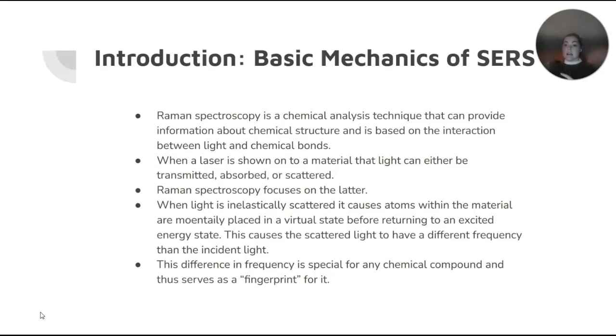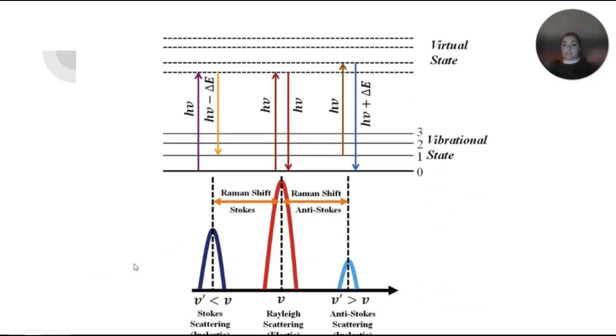And each chemical molecular compound has different Raman shifts, and this serves as a fingerprint, and it is unique for every makeup. So that's the basics. And here's a diagram. It shows these vibrational states going to a virtual state and then coming back down, and it shows what this shift looks like. There are different peaks in a graph.